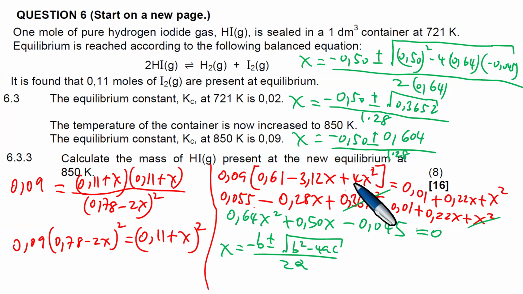Okay, so we can have negative, but we're dealing with concentration, so we shall only take the positive so that our x is the same as, let's just do it quickly.